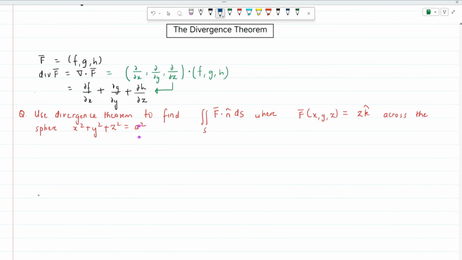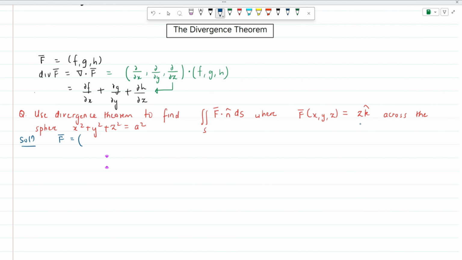Here we have a question that says: use the divergence theorem to find the surface integral of F, where F is given as z k hat, across the surface of the sphere given by x square plus y square plus z square equals a square. To start with the solution, let us first write down F in all its component forms.